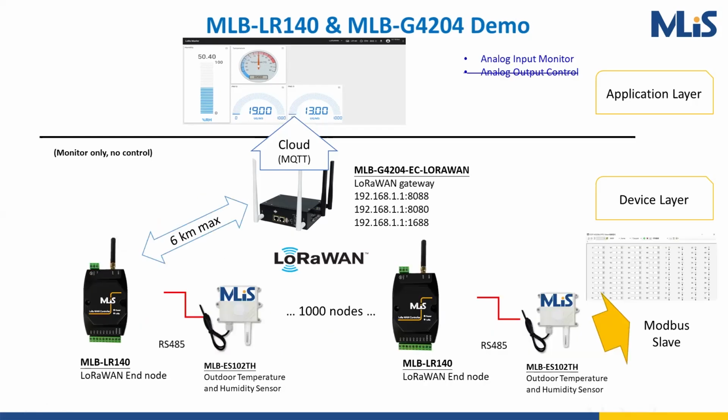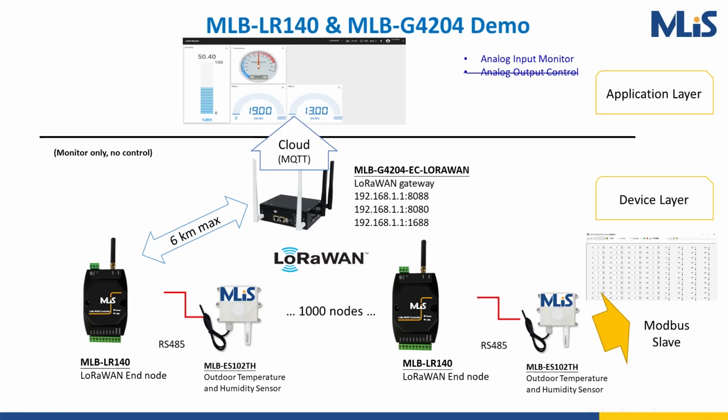For the next page, after the configuration, the gateway is able to collect the sensor data over the LoRaWAN end node and deliver it to the cloud platform over LTE or Ethernet. In this topology, it can support 1,000 LoRaWAN nodes in one subnet, and point-to-point can reach 6 kilometers maximum.